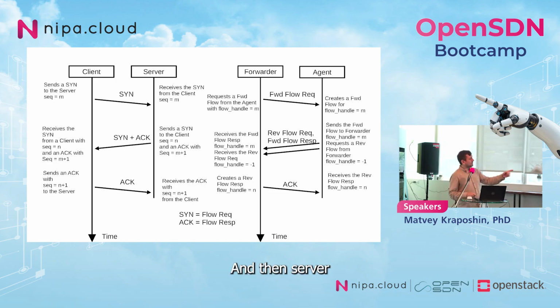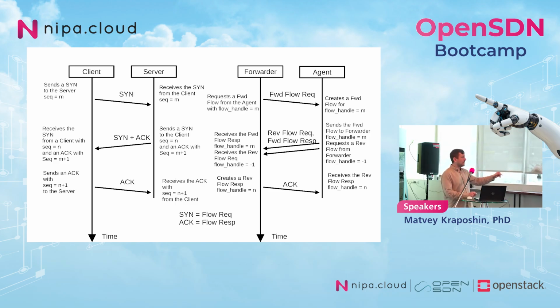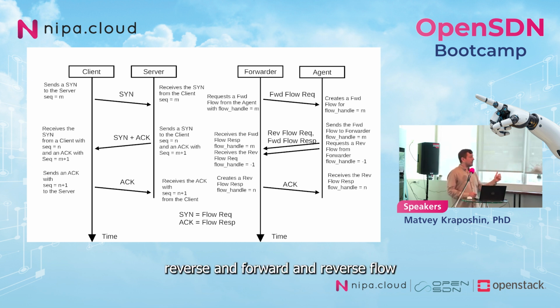And then TCP server sends SYN plus ACK to a client, and agent sends forward and reverse flow to a forwarder. This is like SYN plus ACK.